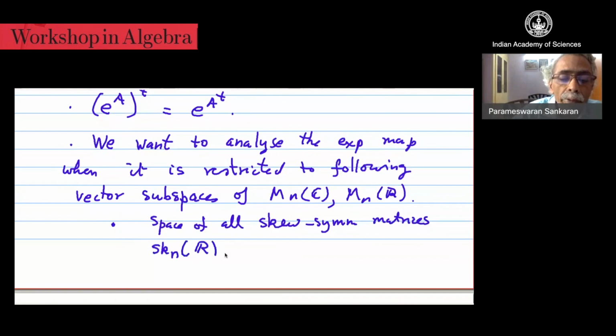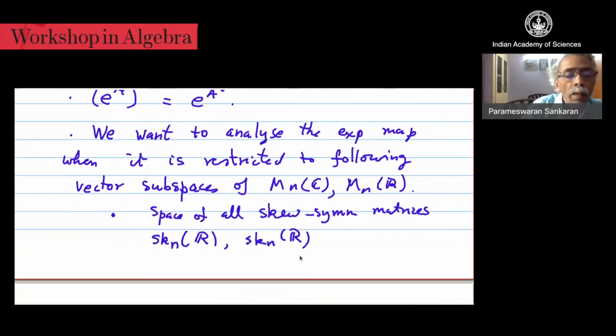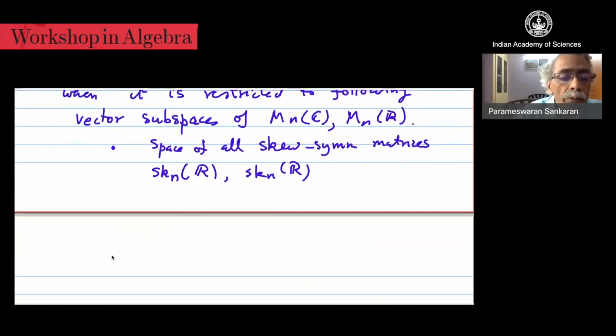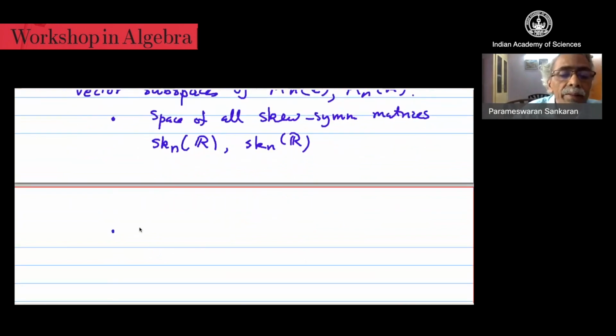If you want, you can write SKn(R). And what are the other spaces where I want to restrict? Sorry, I don't have too much board space. Symmetric matrices. But before that, maybe the space of skew Hermitian matrices.